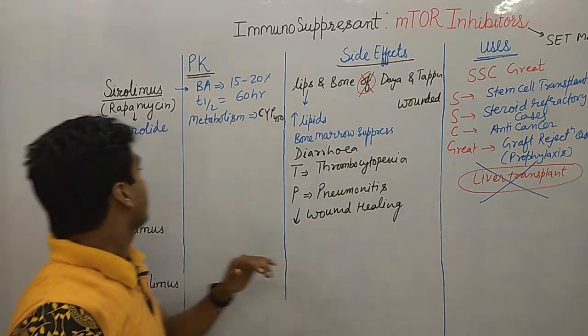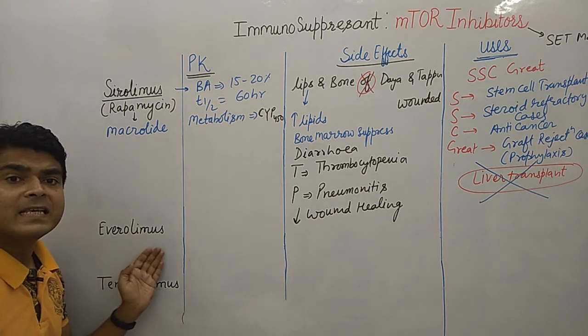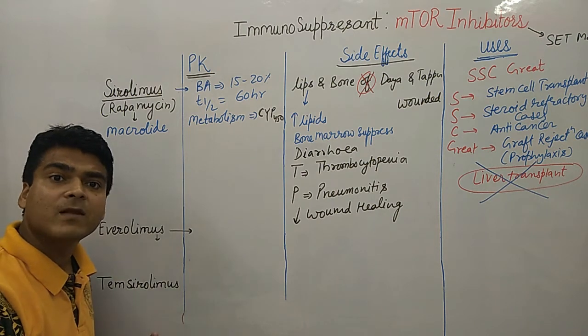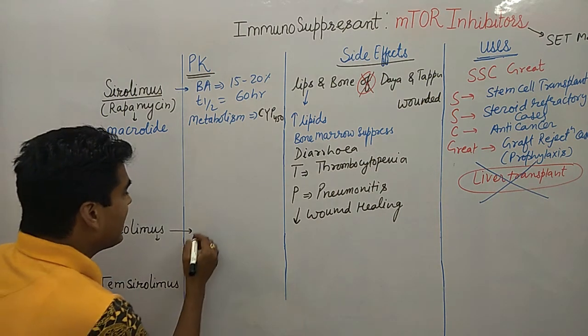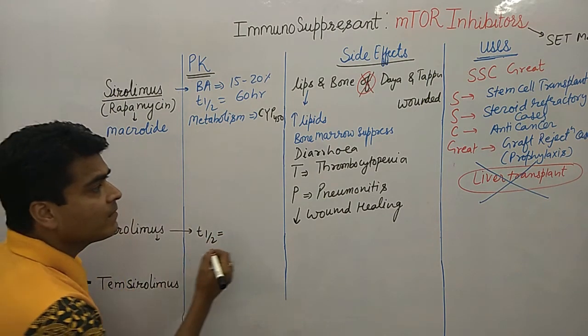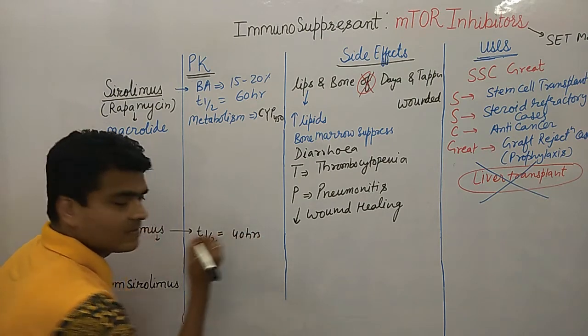Okay, everyone. So now moving on to another drug, that is everolimus. Look at this, everolimus has a similar mechanism of action. If we are talking about the T half of everolimus, then T half is almost 40 hours.